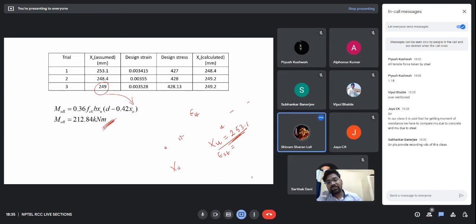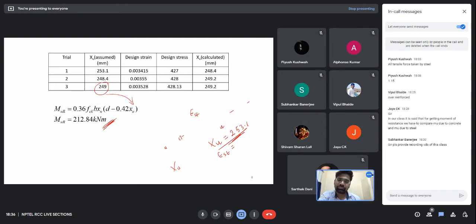Yeah, because for over reinforced, what is happening? For over reinforced, the XU is increasing, means moving downward, greater than XU max. Okay, so what will happen? Then the moment of resistance will increase?